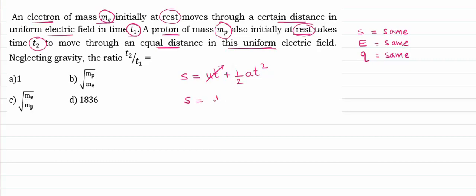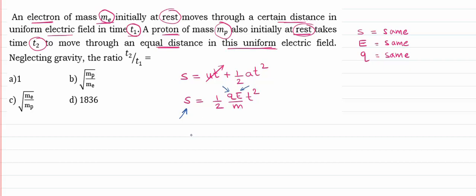So s is equal to half a, which is QE by m, into t square. Now if you observe all the variables, s is the same constant, Q is the same constant, E is the same constant, only the variables are t and m.